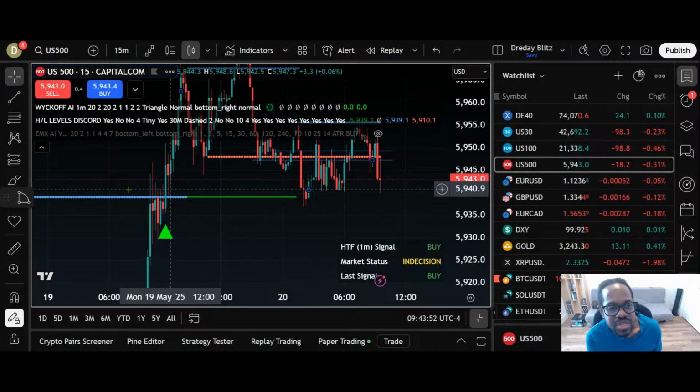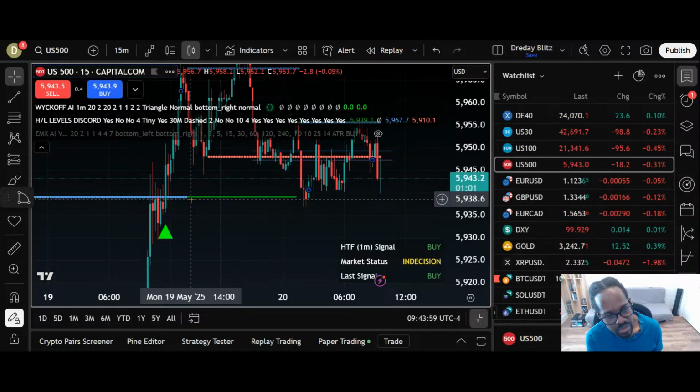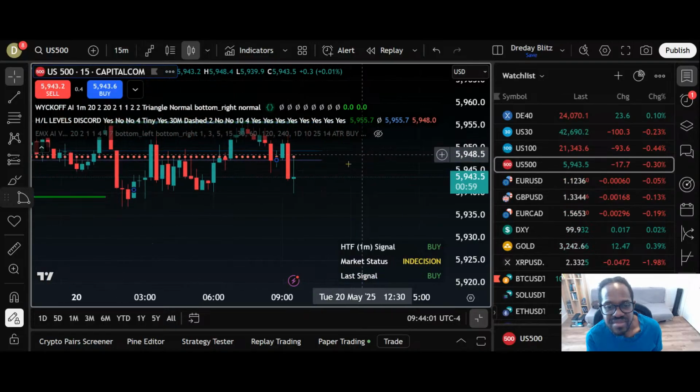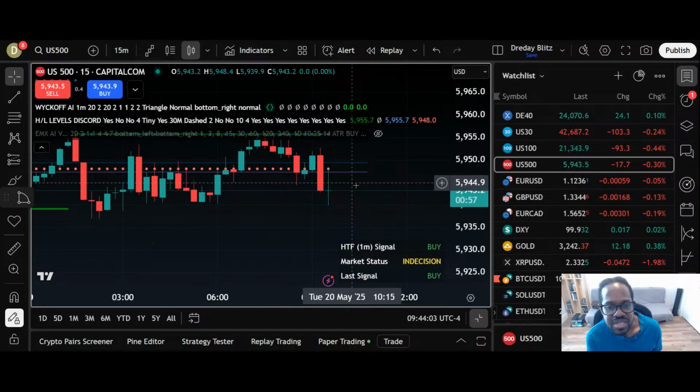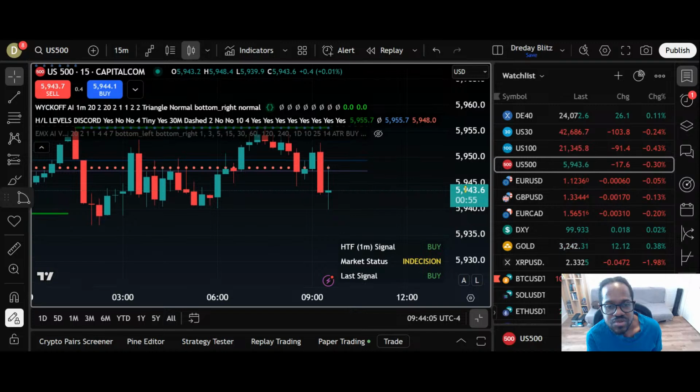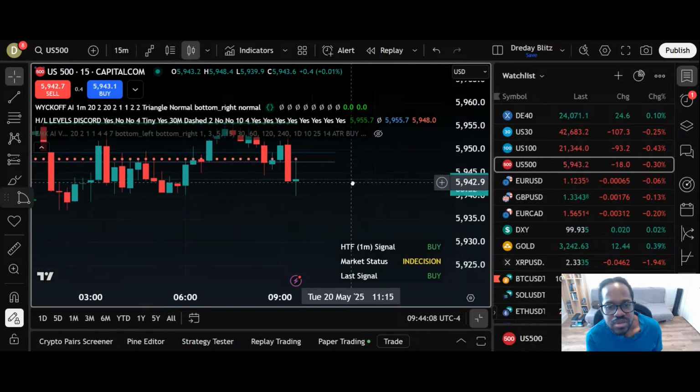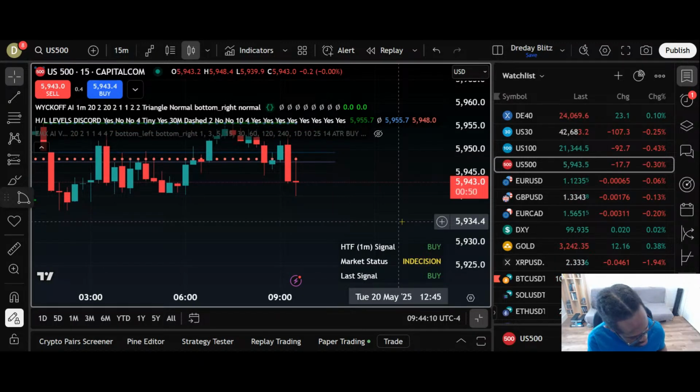When you see two levels on the high-low levels indicator that are basically at the same price, those are really important levels to look for. So it seems to be closing as a doji.